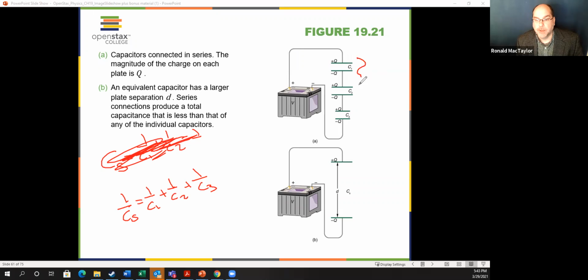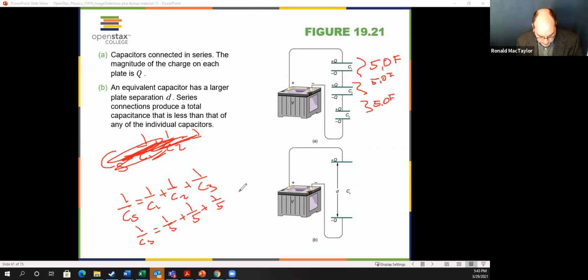So if I have 3 capacitors and they each had a capacitance of 5 farads, that's an odd number, but just stick with me. Each one had a capacitance of 5 farads. Then the series capacitance of hooking them up one after the other: 1 over CS equals 1 over 5 plus 1 over 5 plus 1 over 5.